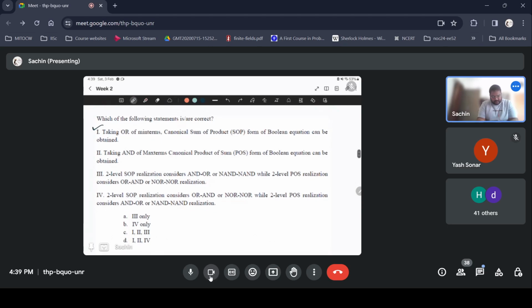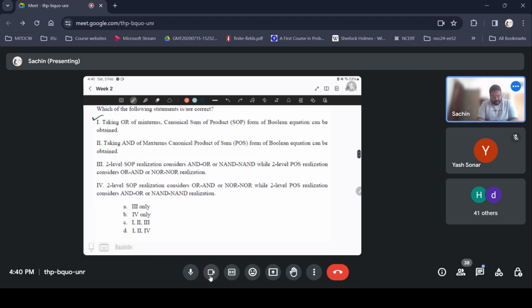We saw that in the lecture. Wherever there's a 0 in the output, for the corresponding input combination there will be a maxterm. You take that maxterm and AND it with the other terms.